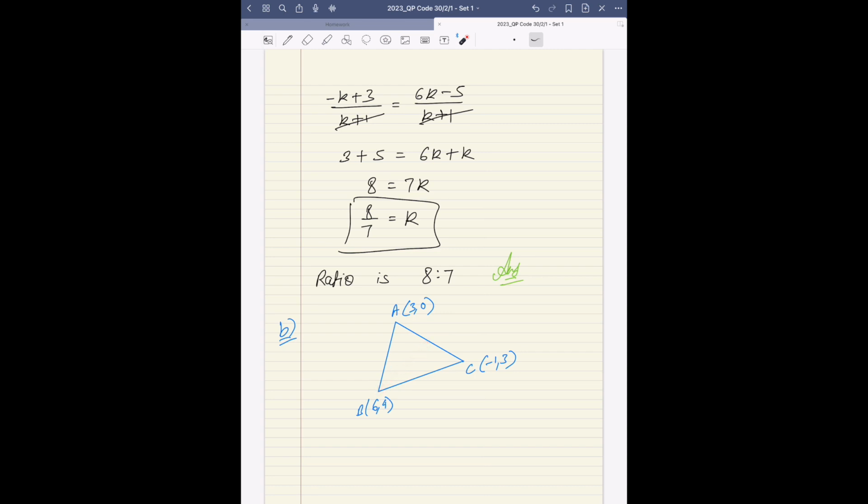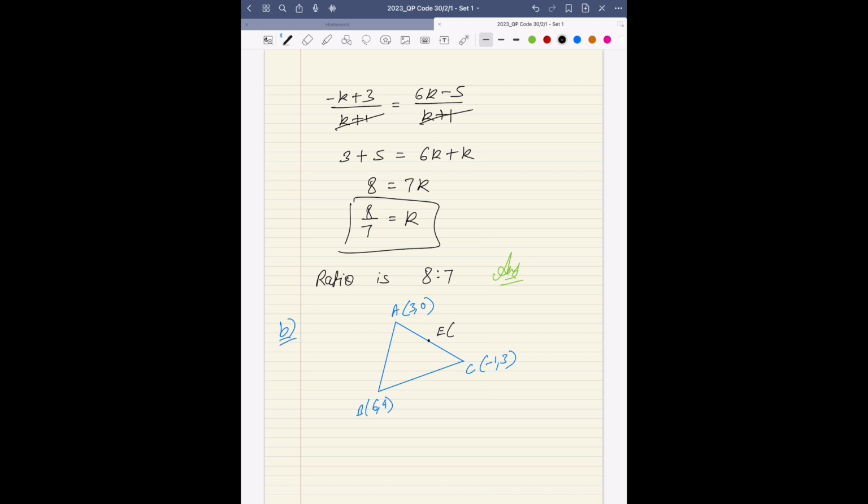For people who don't know, a median is when you draw a line segment from one vertex to the midpoint of the opposite side. So in this case, this will be your E. E is nothing but the midpoint of these two vertices.